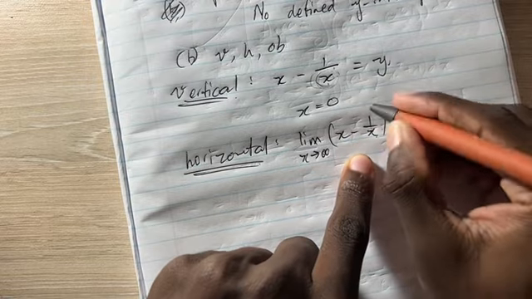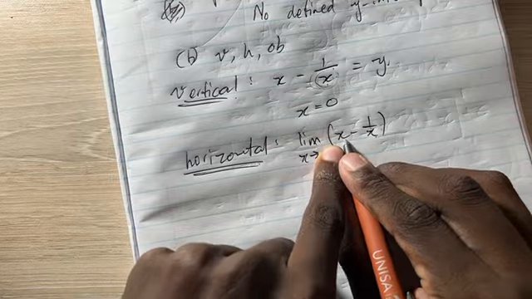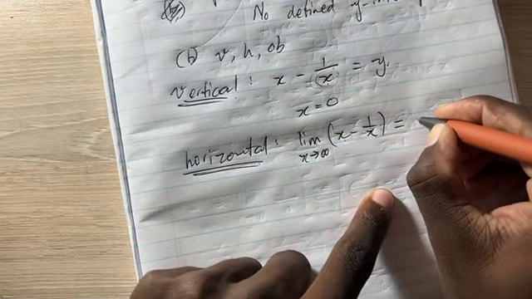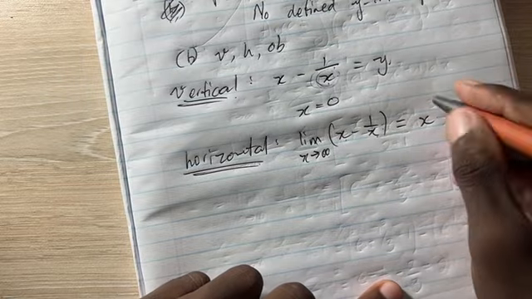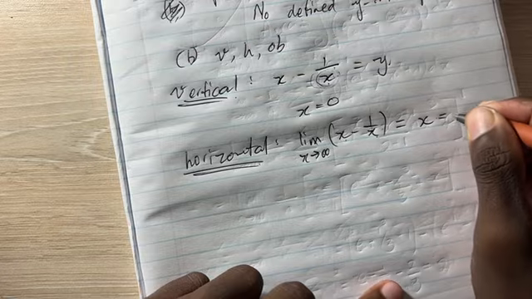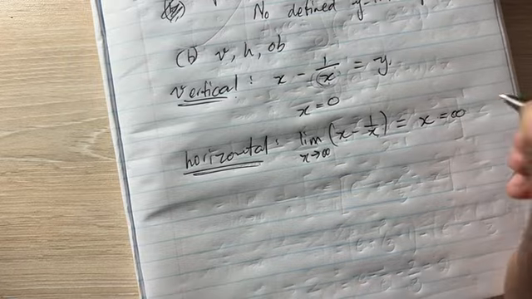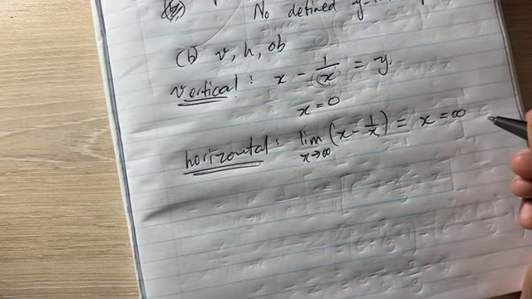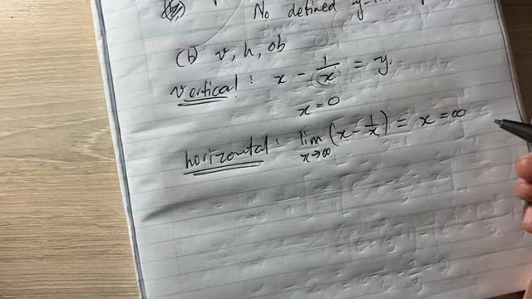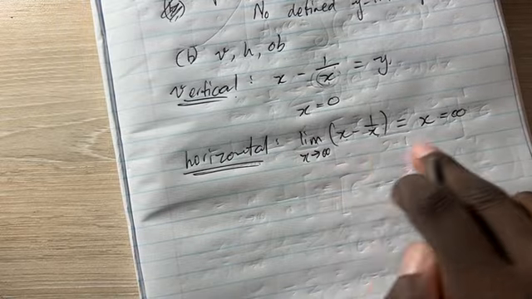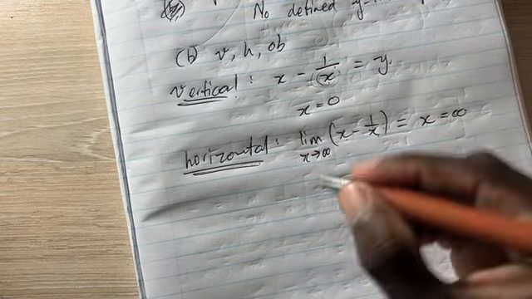We've been talking about it. But this is going to still be x. So it's just equal to x, which means it's equal to infinity in a sense. Right? That means you don't have a horizontal asymptote. The first part means you don't. But you also have to look at the negative x.